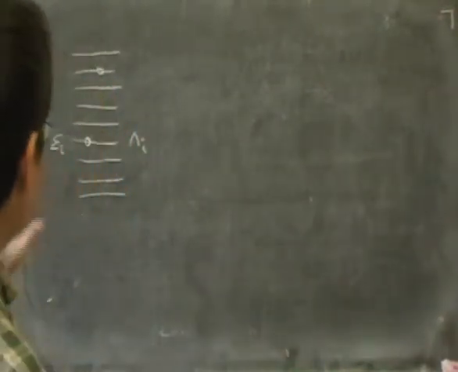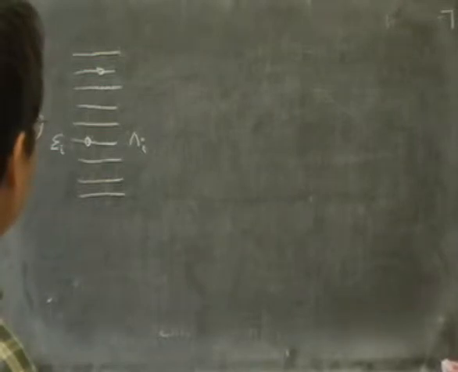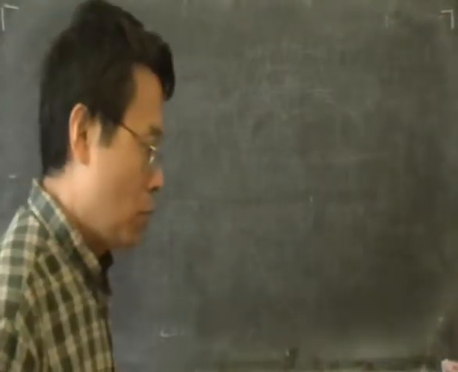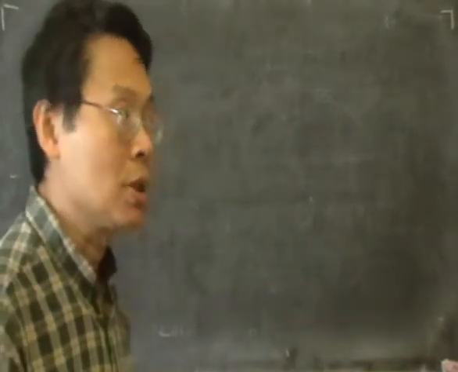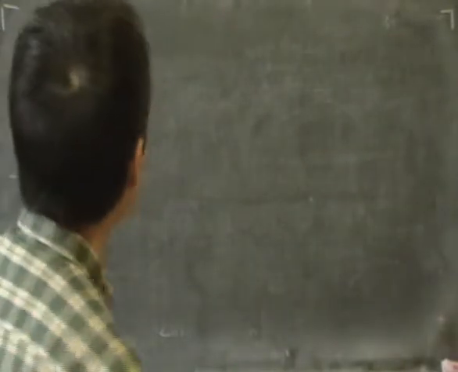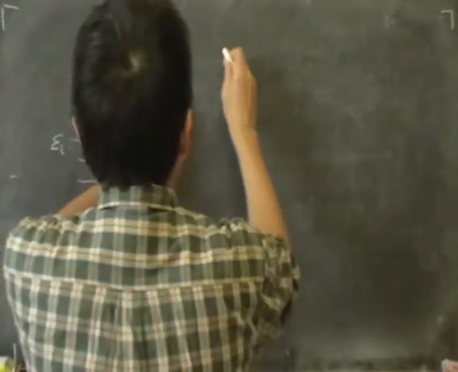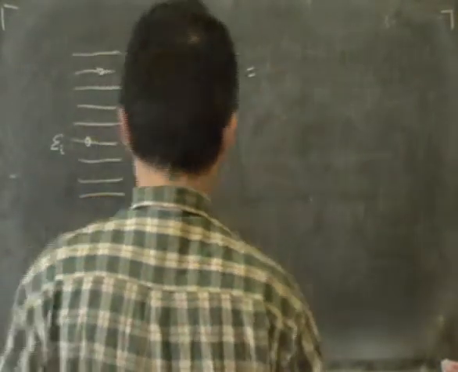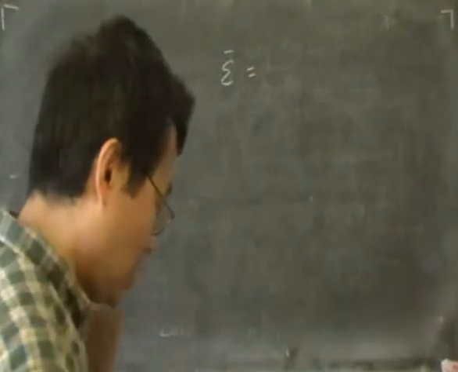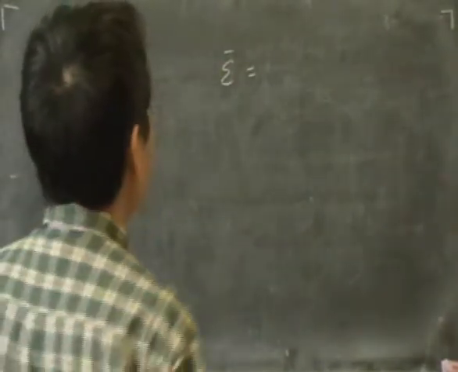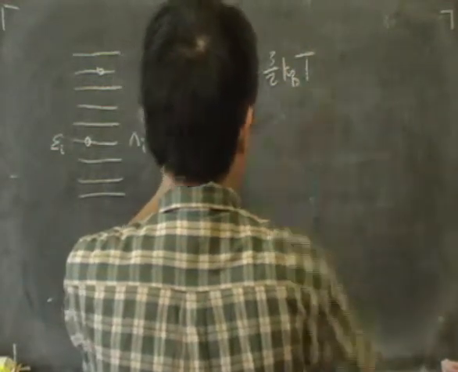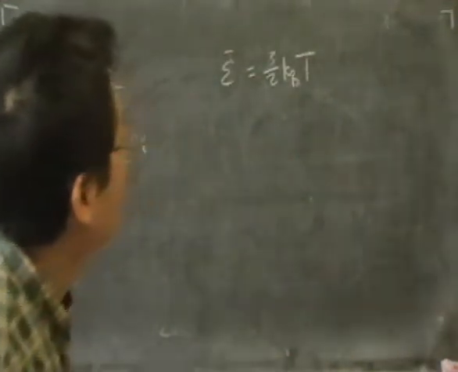So in order to determine whether this is indeed the case, we could do that by thinking about two things. Right. Let's think about the average energy of an ideal gas. Now the average energy of an ideal gas is given by the formula 3/2 kBT, which we know from kinetic theory.